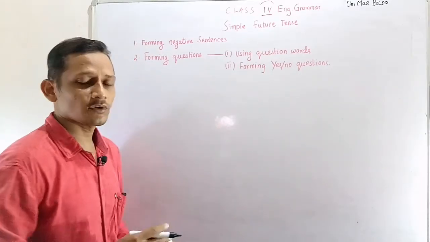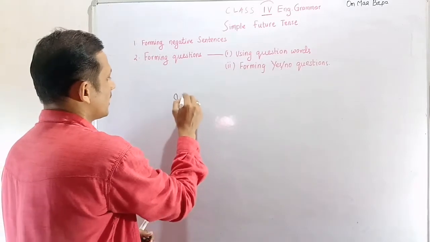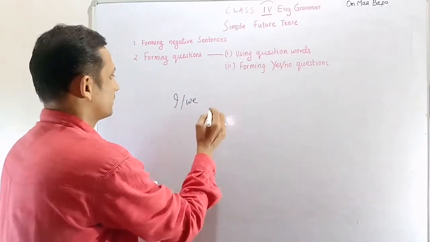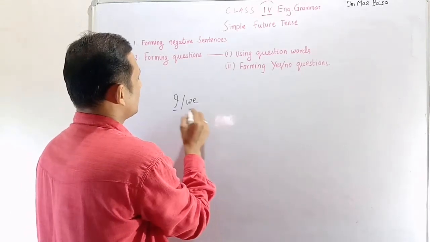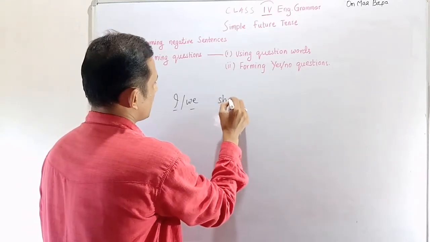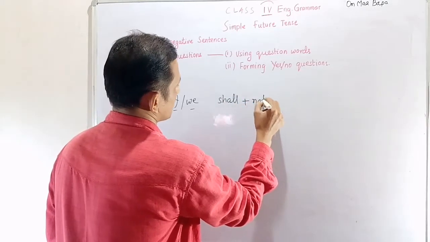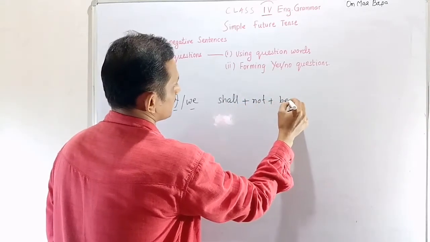Children, as I told you before, I and we always take shall with them. I, we, shall, then not, then the base form of the verb.